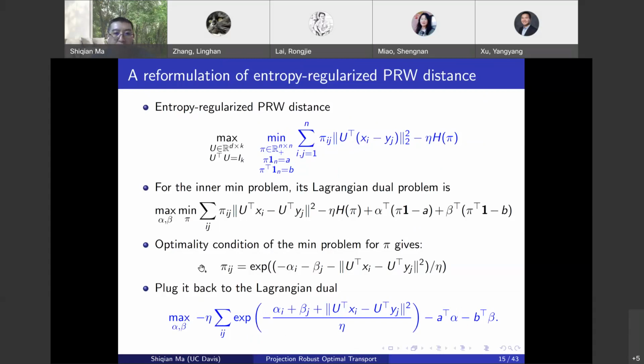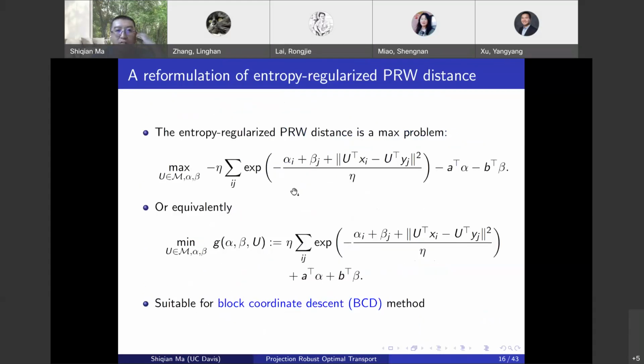I actually have a max problem, and I have 3 block variables. I have a u, which is subject to Stiefel manifold constraints, and 2 other block variables, alpha and beta. We know it is a purely maximization problem, and for ease of presentation, we can rewrite this as a minimization problem by considering the negative of the objective function.